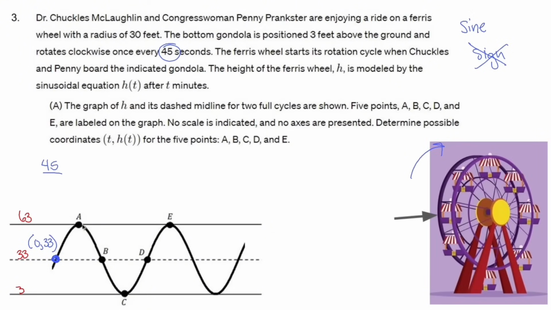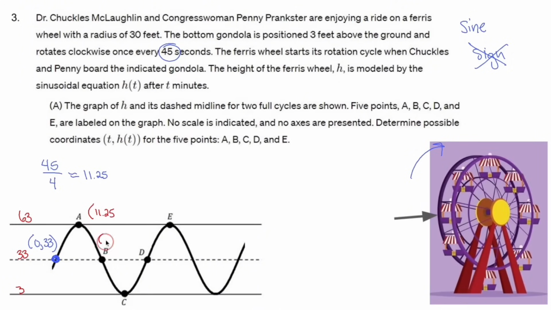Okay, every middle, top to middle to bottom, every time I hit one of these four things is going to happen 45 over 4 seconds later, and 45 over 4 is 11.25. So why does that matter to me? Well, that means the time for A is going to be 11.25.